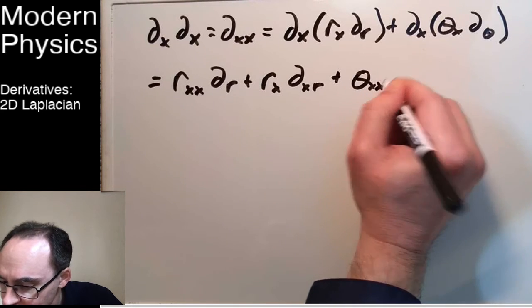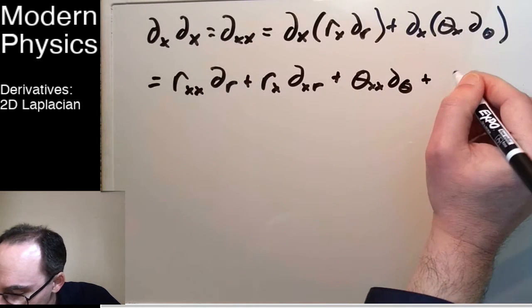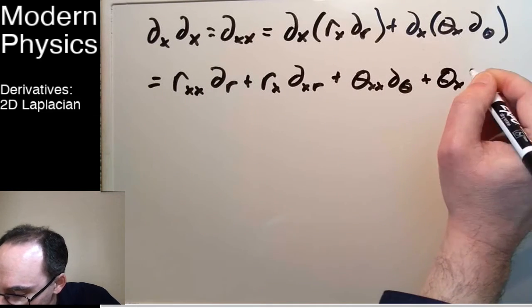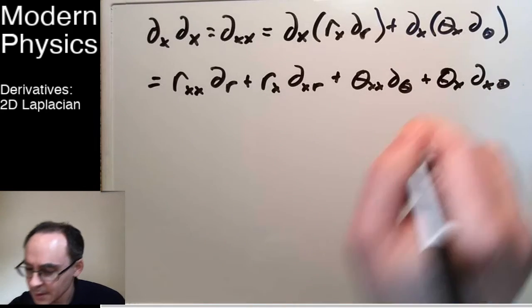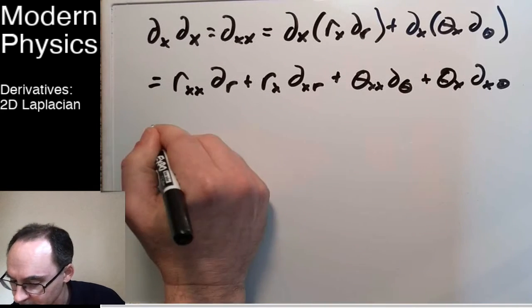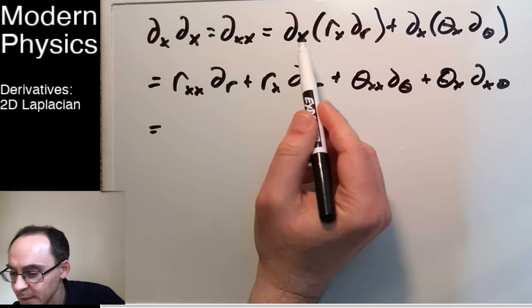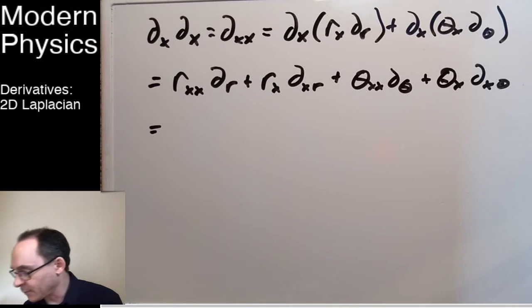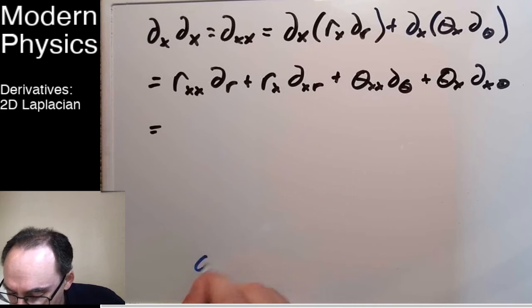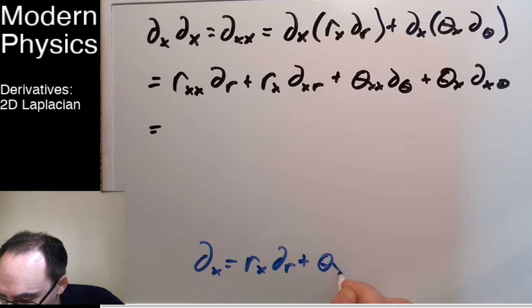I'll have θ_xx ∂_θ plus θ_x ∂_x ∂_θ. Now I've got these terms, this ∂_x ∂_r, ∂_x ∂_θ. I need to expand out what I mean by that. Well, what I meant by a derivative with respect to x in the first place is, remember, I unfortunately erased it, but we said this chain rule, the derivative with respect to x is really just r_x ∂_r plus θ_x ∂_θ.